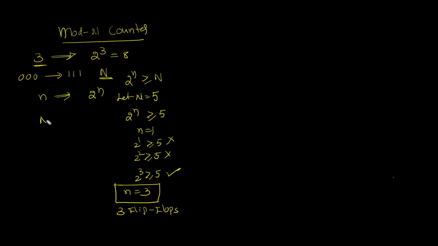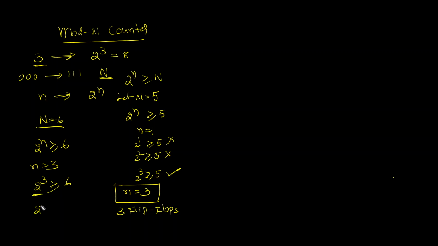This is how one has to find the number of flip-flops required. Let's say N is equal to 6. Same thing: 2 power n should be greater than or equal to 6. For n equal to 3, it is satisfied the very first time. 2 power 3 is greater than or equal to 6. So this is the minimum value of 2 power n we need to take.